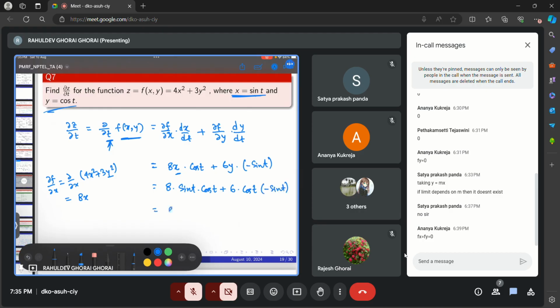That implies 8 sin t cos t minus 6 sin t cos t, that implies 2 sin t cos t. I think she was fully correct, great. So that is sin 2t mainly. You can keep either one, both are correct.